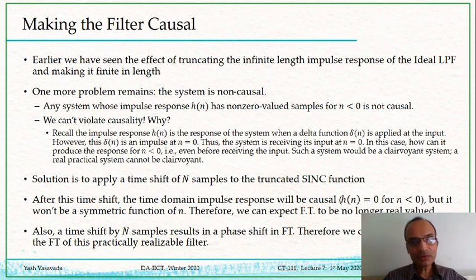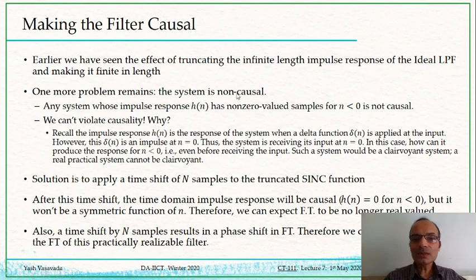We have talked about only one problem, which was that the length was infinity. But there is one other problem, which is that such a filter, even if we make h of n finite in length, is still not practically realizable because it belongs to a class of systems called non-causal systems.